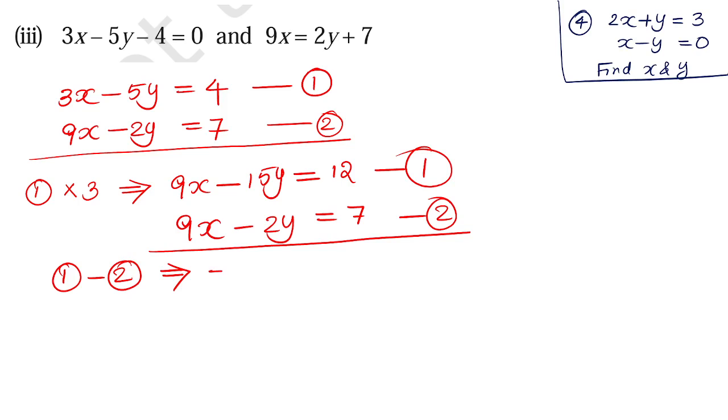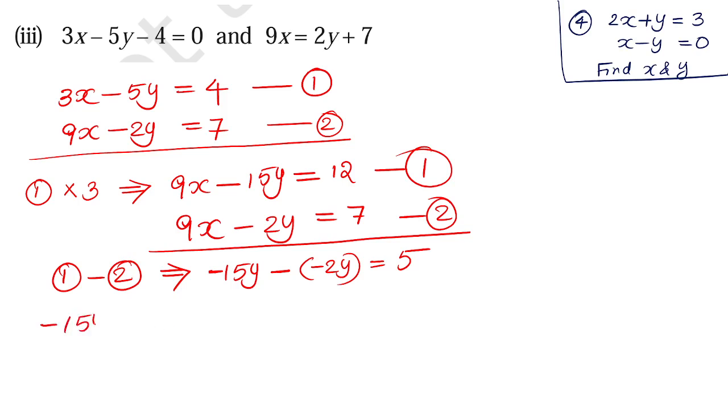I will write all the important steps. Minus of minus 2y. Is it okay? First minus second. So minus 15y minus of minus 2y. Right side 12 minus 7, what is that? 5.